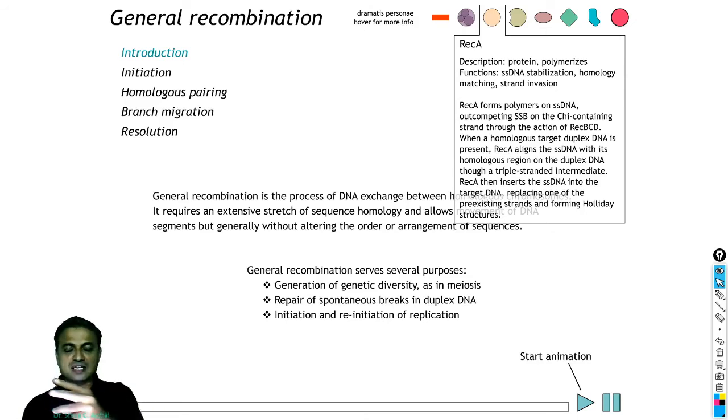So 3 strands are there, the homology matching takes place, and through the triple stranded DNA intermediate, RecA then starts to replace the recessive gene with the dominant gene. Even if they are the same, as I said, methylation determines which is dominant and which is recessive. RecA then inserts the single stranded DNA into the target DNA and replaces one of the pre-existing strands, and it forms Holliday structures.